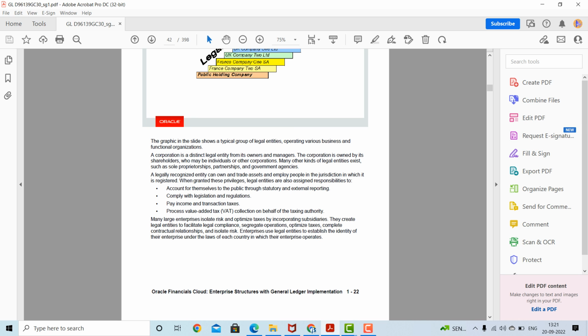Enterprises use legal entities to establish the identity of their enterprise under the law of each country in which they operate.